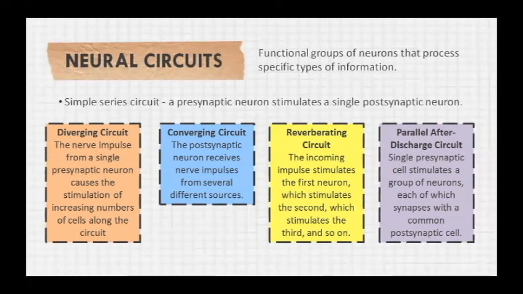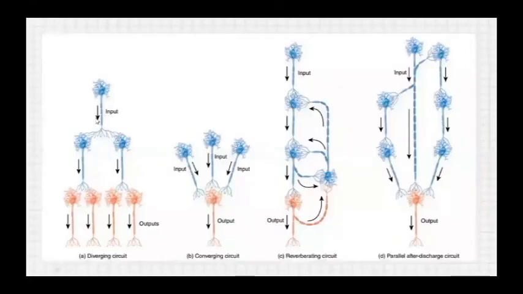So if you look at this picture, you will understand it more, because first, in the diverging circuit, you could see that it started from a single presynaptic neuron, then goes to several or numerous postsynaptic neurons, meaning it diverges from one, it scatters into numerous other postsynaptic neurons.